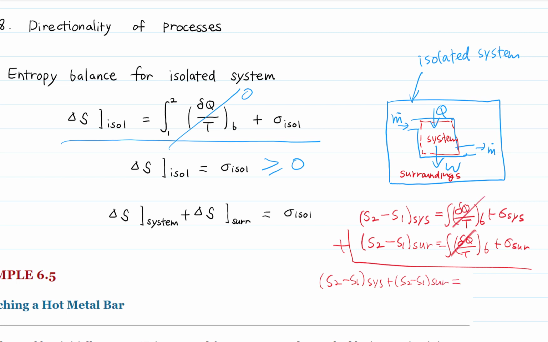This cancels out. So the left-hand side is the sum of entropy change in the system and the surroundings. So that is the total entropy change in the isolated system. And the heat transfer terms on the right-hand side cancel out. Both the entropy production by the system and surroundings are positive. So the entropies add up. So the total entropy is not conserved.